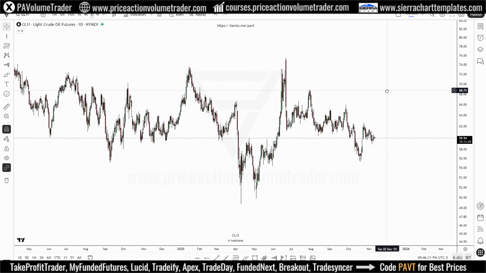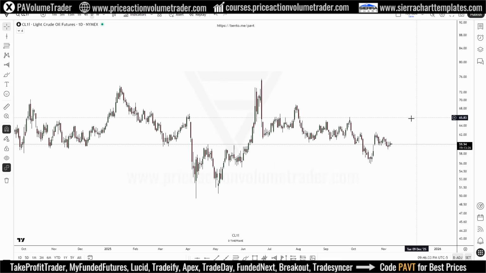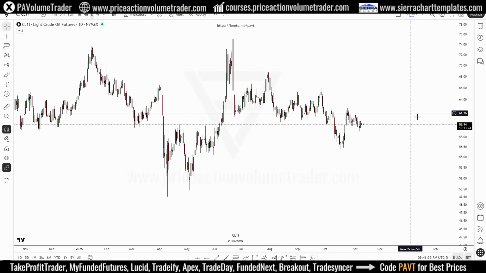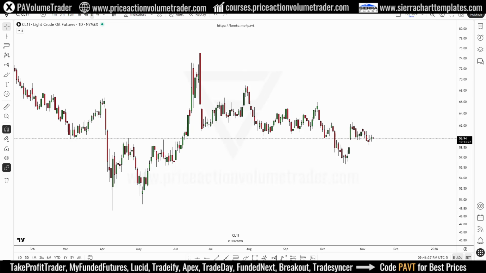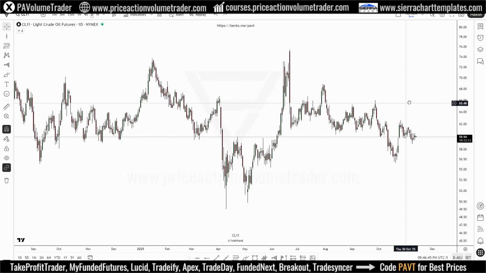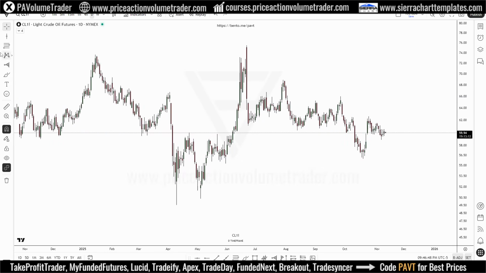what I would do is just take the most recent price rotations. So in this case, I would go from this low right here. Let me zoom out a little bit. I would go from this wick low, April 9th of this year, and I would just put my profile there.